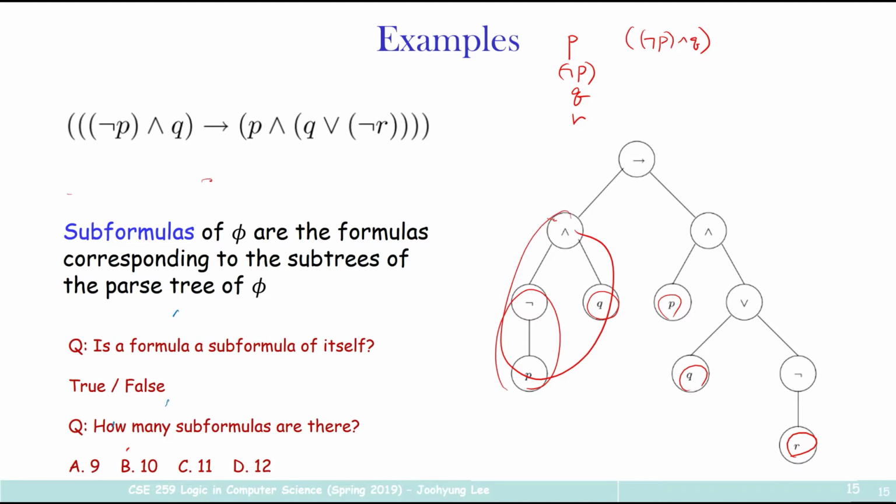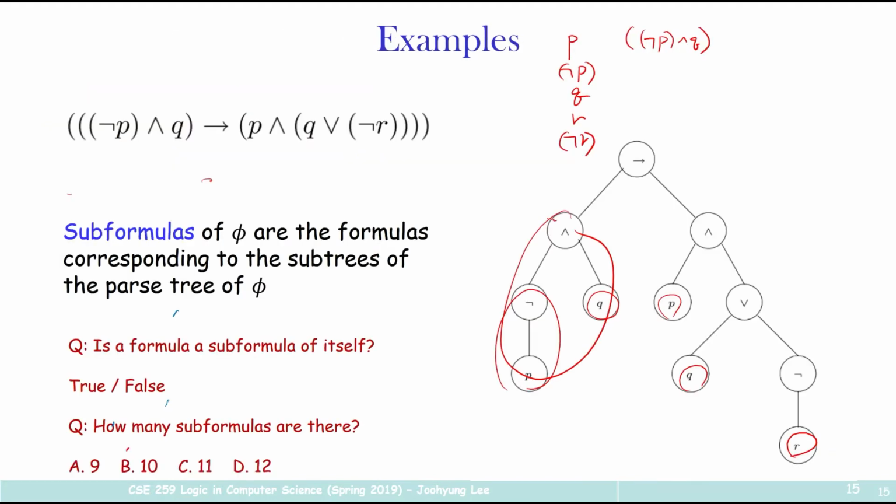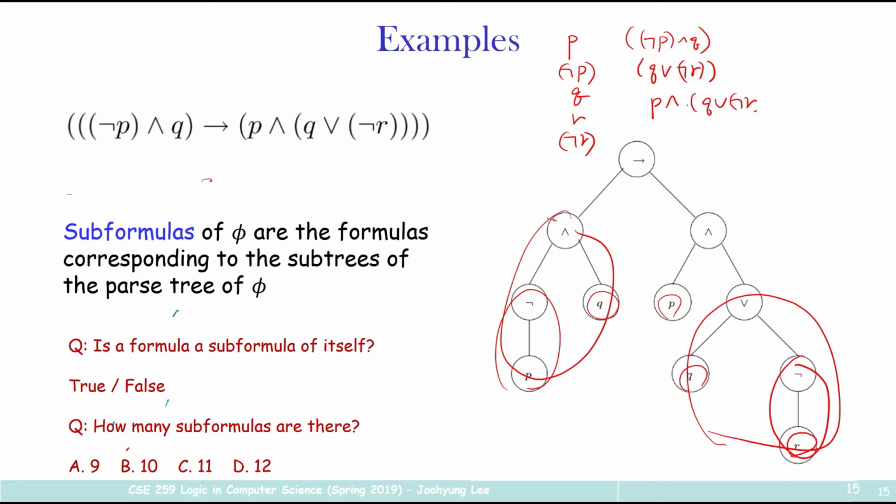And not R is also a subformula. And Q or not R, this is also a subformula. And P and Q or not R is also a formula, so I cover this one. And then the whole formula.